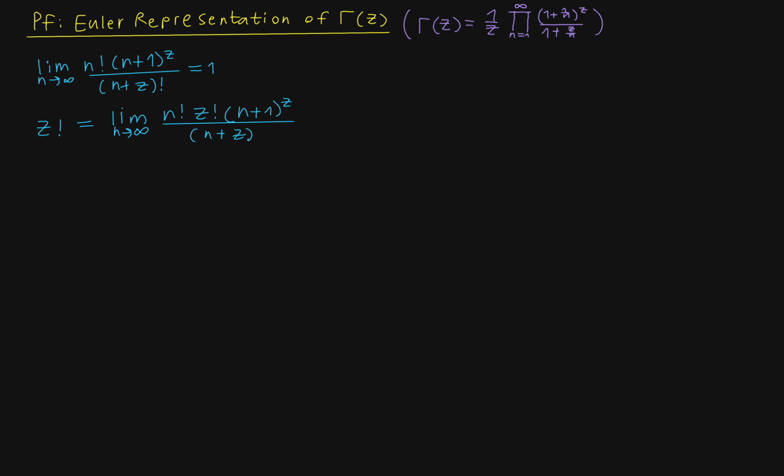(n plus z) factorial. And now I'm going to expand the factorials as products and also rewrite (n plus 1) as a telescoping product, which is basically where numerators and denominators of a product cancel out. Basically, it's still going to be n plus 1, but we have the limit as n approaches infinity of, now I'm going to write the factorial in ascending order, 1 times 2 times and so on to n, and z factorial over (n plus z) factorial.